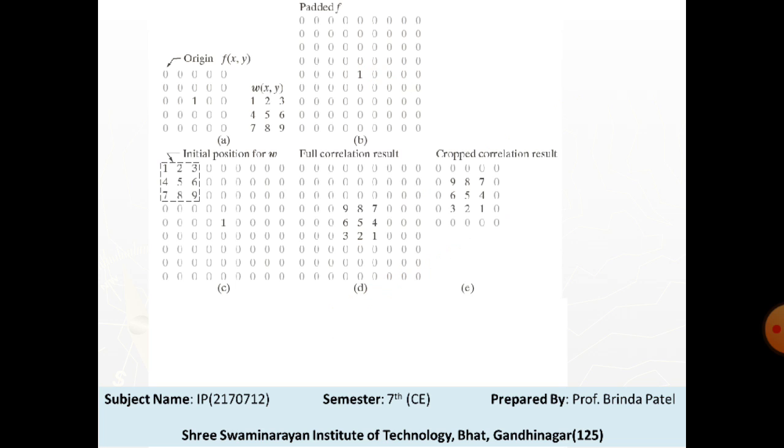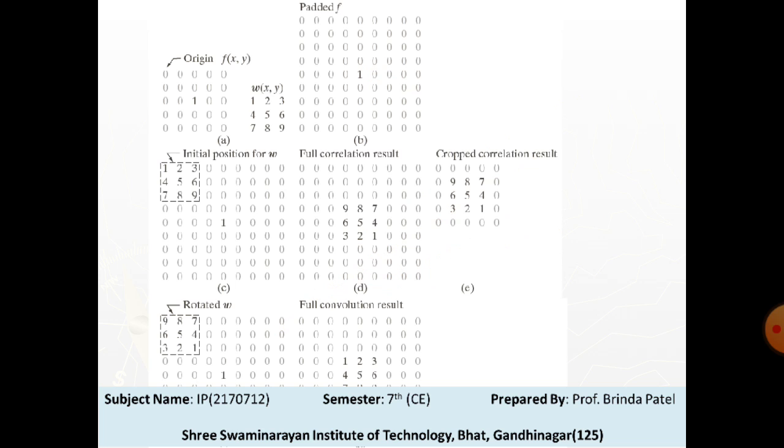For convolution, we pre-rotate the mask as before and repeat the sliding sum of products just explained. Figures F through H show the result. So you see again that convolution of a function with an impulse copies the function at the location of the impulse. It should be clear that if the filter mask is symmetric, correlation and convolution yield the same result.